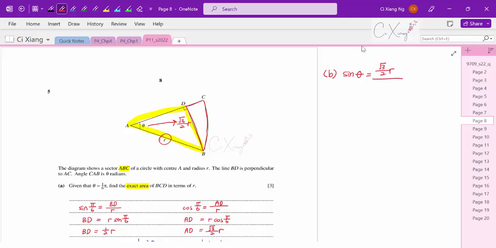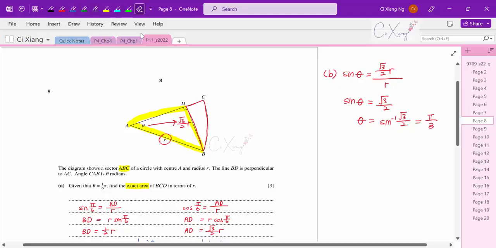Again, the hypotenuse will be the R. So when we simplify, sine theta equals square root 3 over 2, and from here we can get the value of theta, which is 60 degrees. So 60 degrees will be pi over 3.